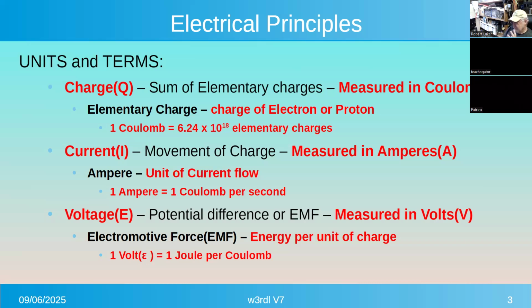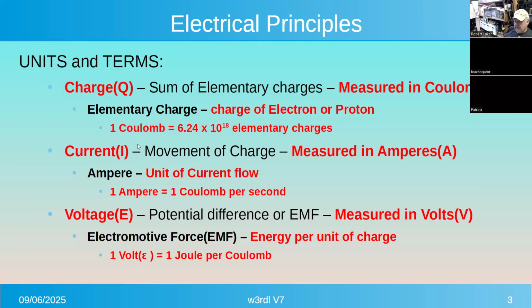Now, some of those things you don't need to remember for this exam. It's just trying to impress you with things that I know a little bit about. The main thing is to remember that charge is represented by Q, coulombs by a capital C, because we'll do capacitance as a small c later.